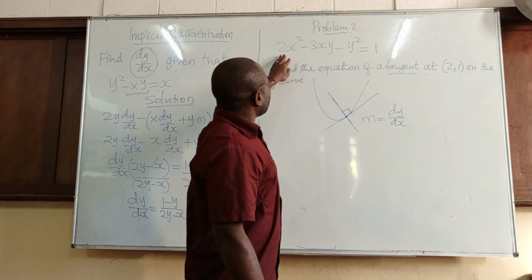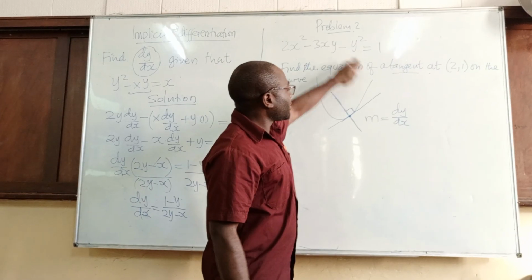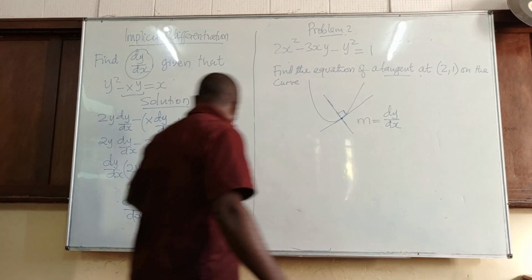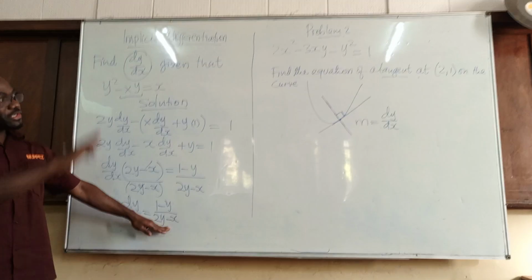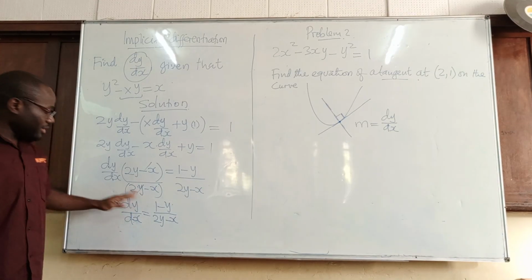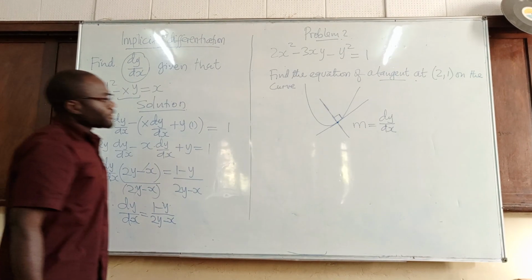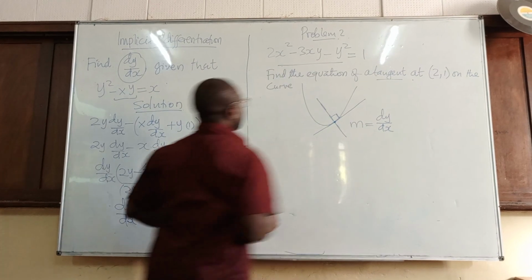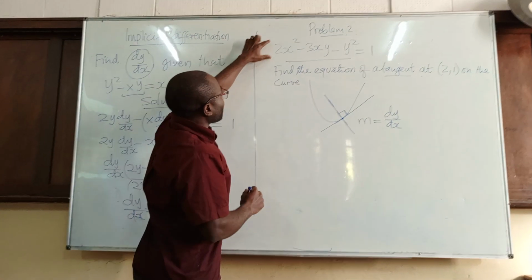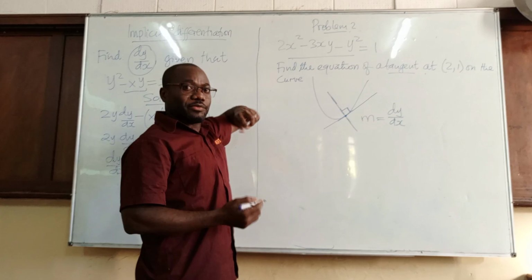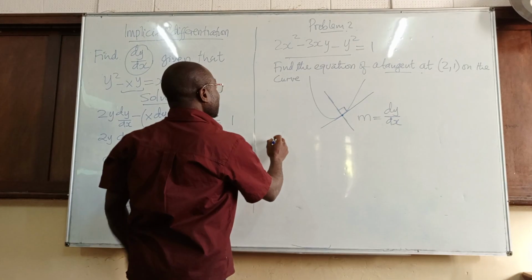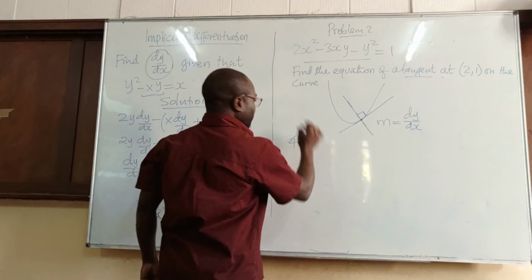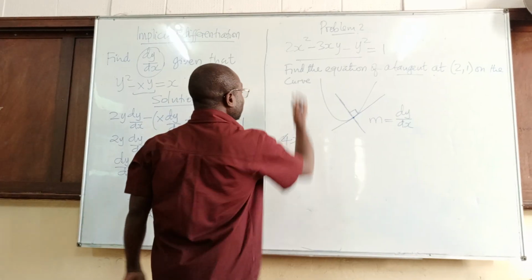Once you differentiate this and come up with this, then you can substitute in your function, the condition that is given, and then you find the value of the gradient. So let's do it. First, we differentiate. As you can see, 2x squared, when you differentiate, becomes 4x.